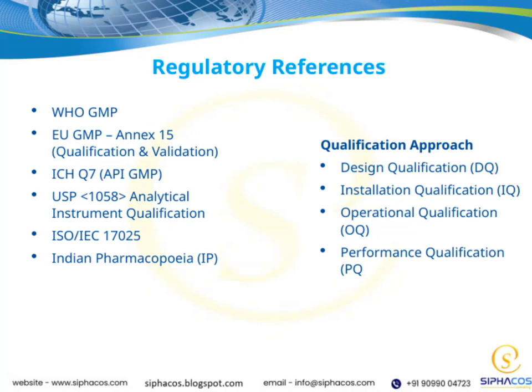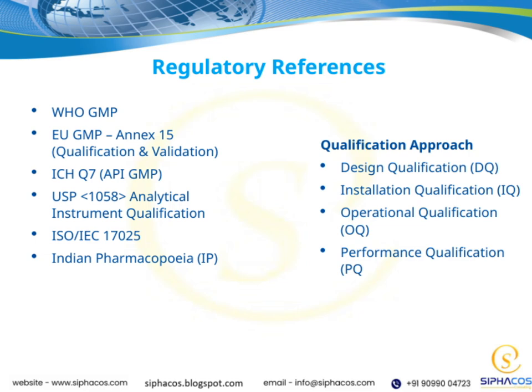Let's talk about the qualification approach, which is a crucial part of ensuring our processes meet quality standards. First, we have the design qualification, or DQ, which verifies that the design of our equipment or systems aligns with our operational needs. Next is installation qualification, or IQ, where we confirm that the equipment is installed correctly and according to specifications.